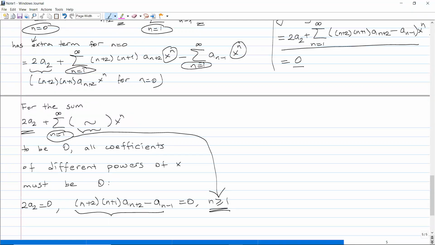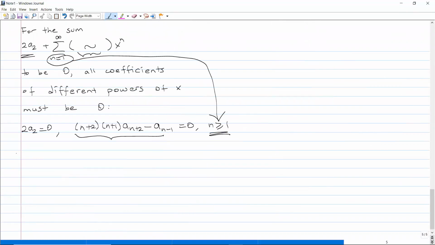So for n equals 1, we have coefficient of x. N equals 2 gives coefficient of x squared. N equals 3 gives coefficient of x cubed, and so on. All of them have to be 0 because we have the whole sum equal to 0.